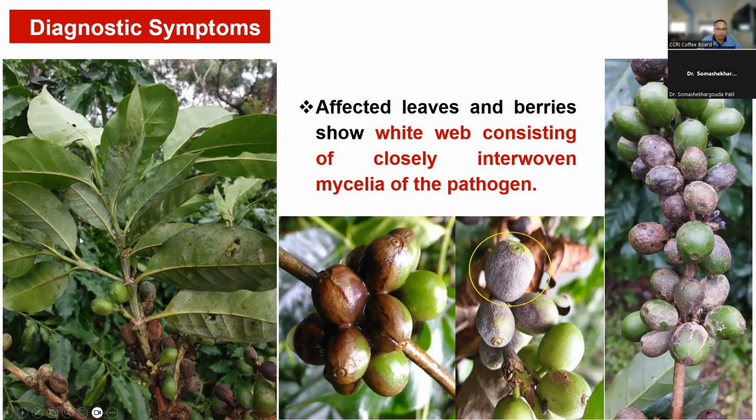It will be present usually on the lower surface of the leaves, as well as on the developing berries. The white color interwoven mycelia of the pathogen is to be seen. These pictures show this fungal growth on all the infected parts, including the leaves as well as the infected berries.